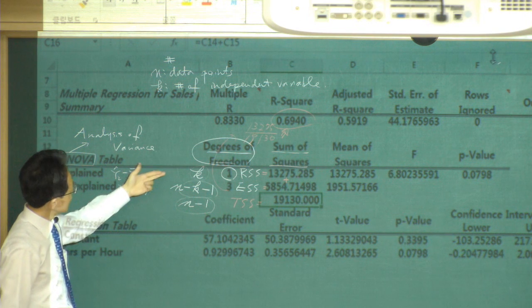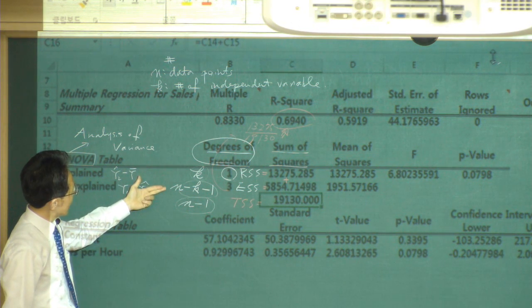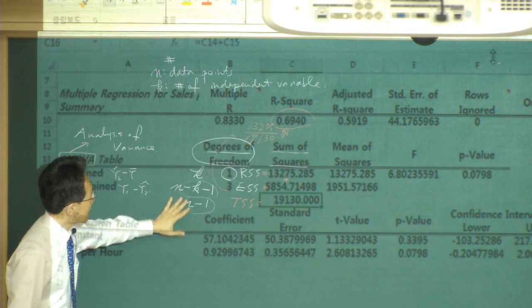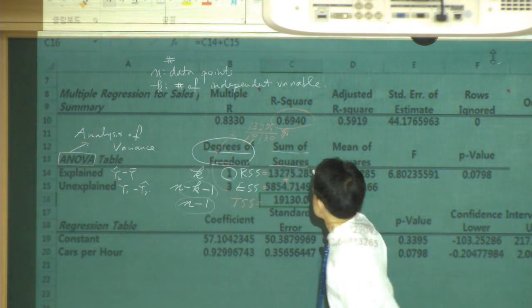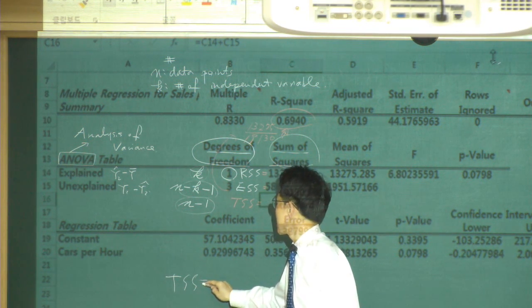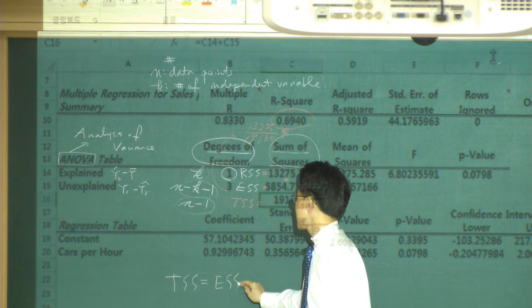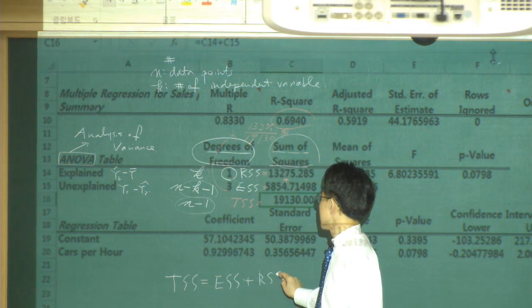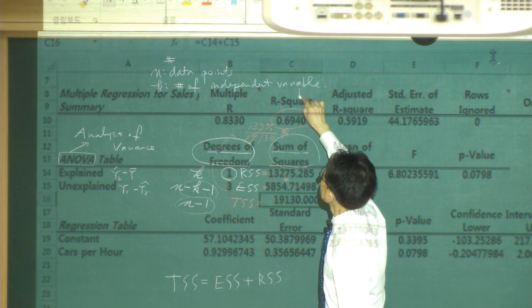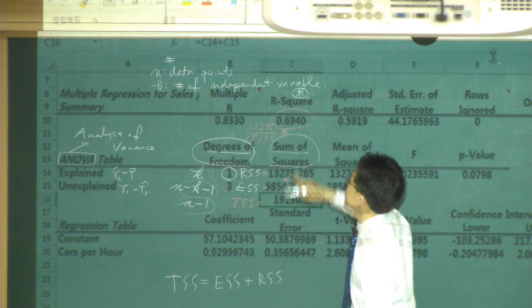If you add k plus n minus k minus 1, you get n minus 1. So the total sum of squares equals error sum of squares plus regression sum of squares, and with that we can calculate R square.